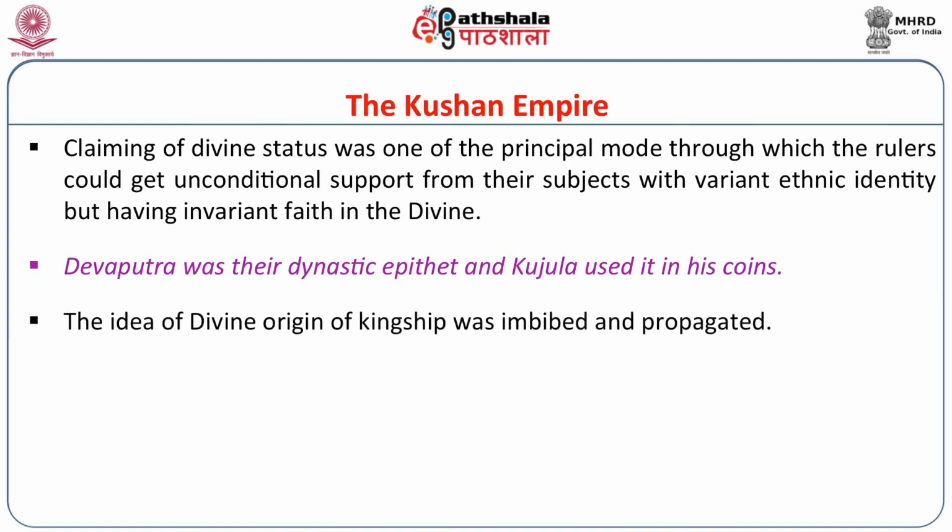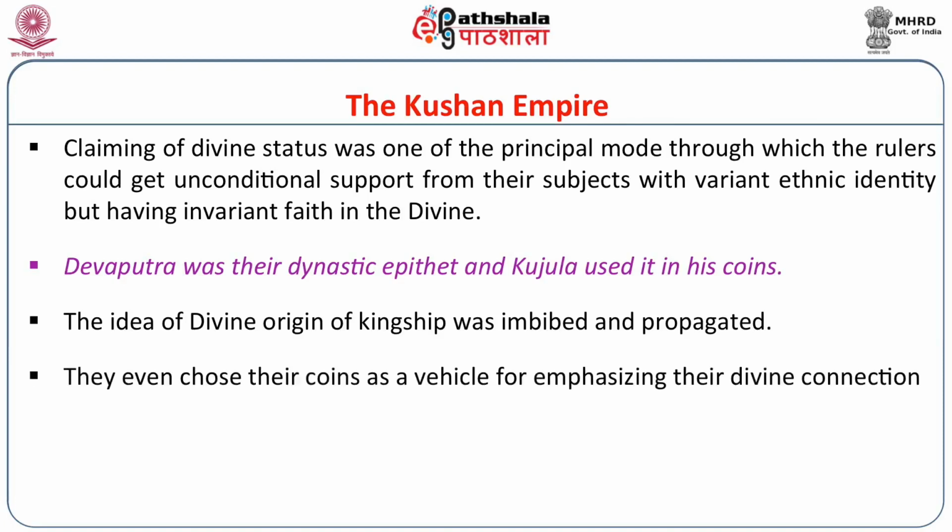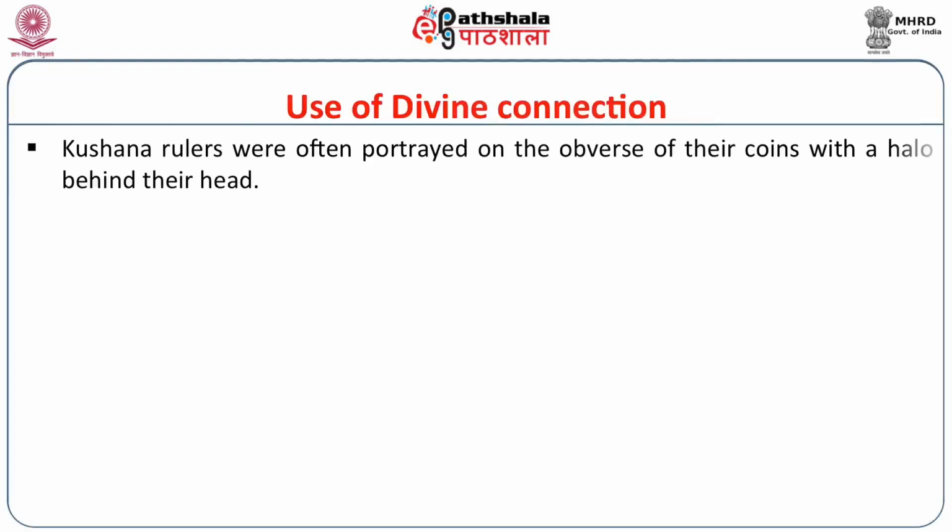The idea of divine origin of kingship was imbibed and propagated across the empire. The Kushanas even chose their coins as a vehicle for emphasizing their divine connection. So coins were the medium through which the Kushana rulers actually acted.